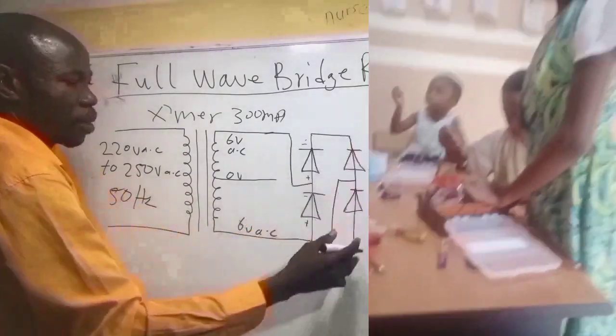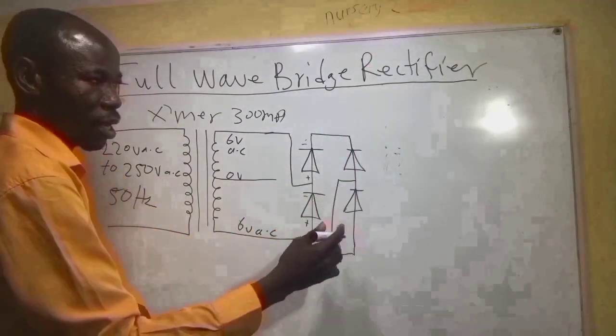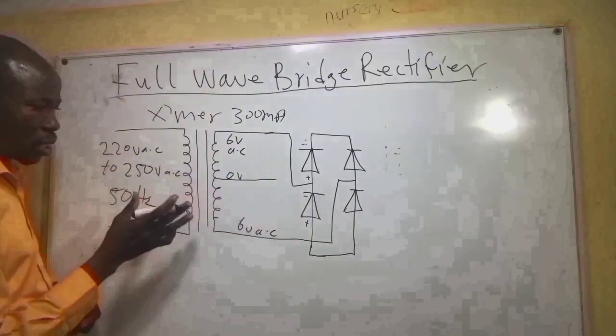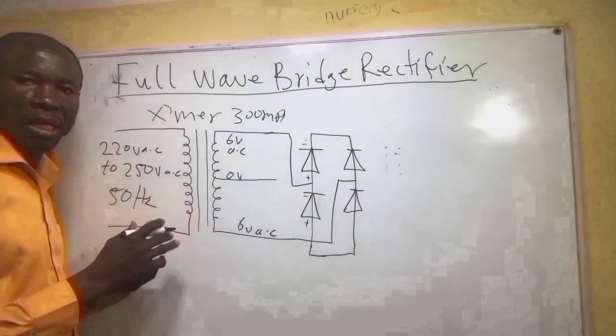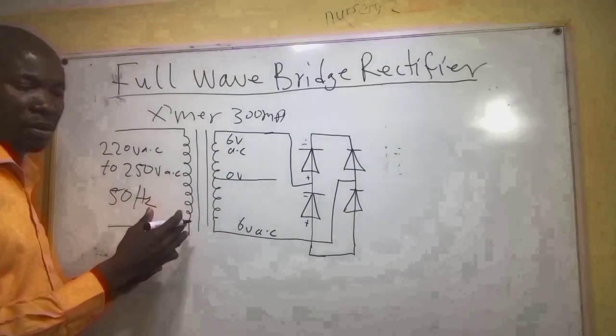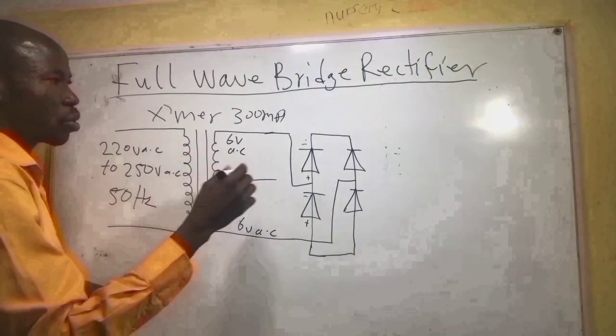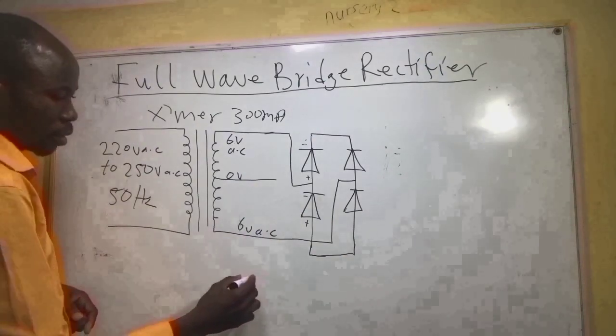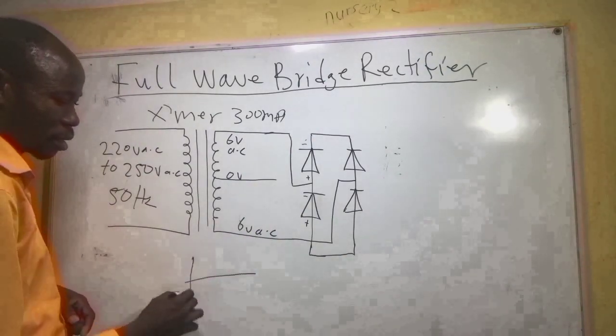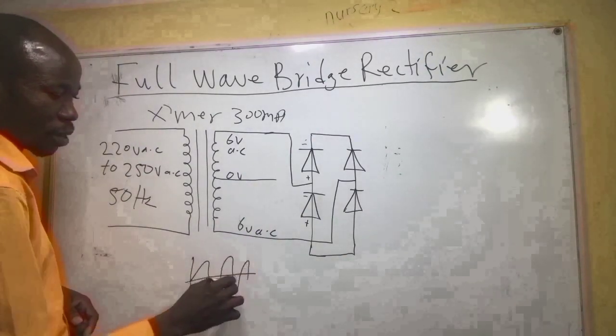So here, when you check the waveform, you see the AC is alternating current. The alternating current is to and fro. It's like this, right?